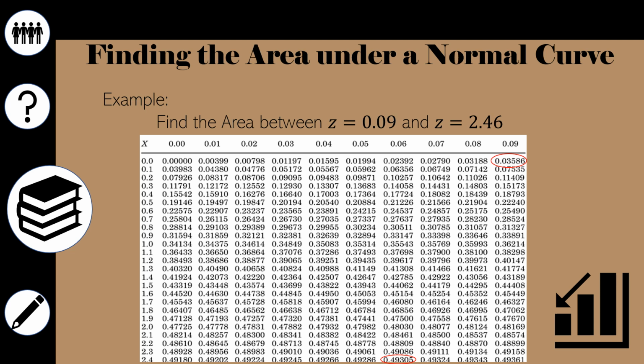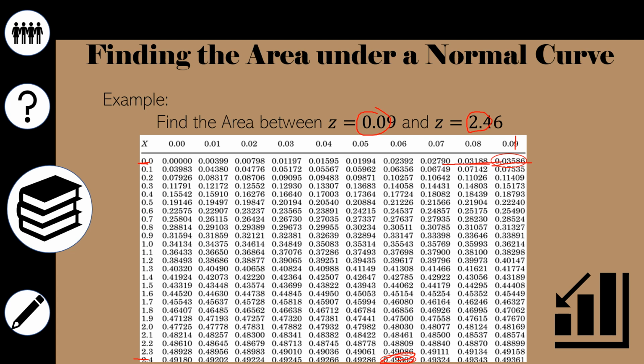Okay, so example here. Find the area between 0.09 and 2.46. Well, following our rules, here is our 0.09, which is 0 here, and 0.09 here, and we get this. Now, we follow this 2.4 here, and 0.06, which is here, and then we get here.